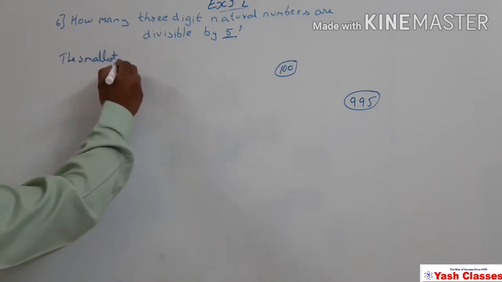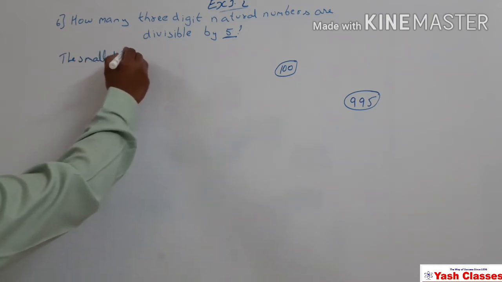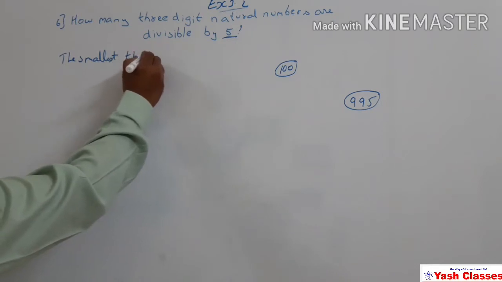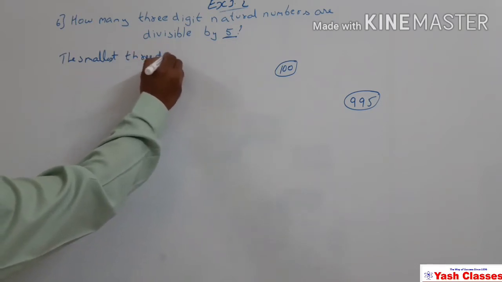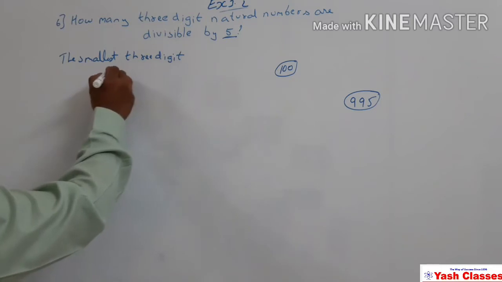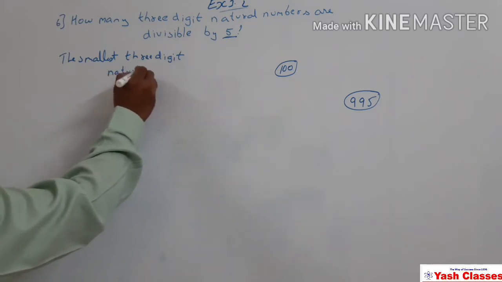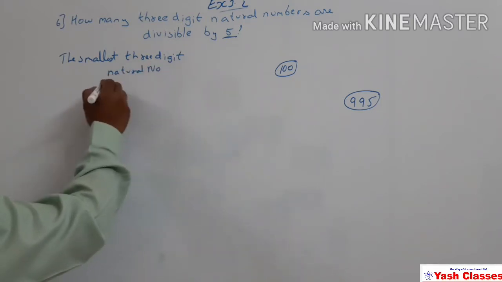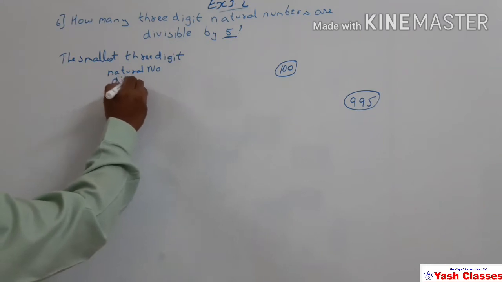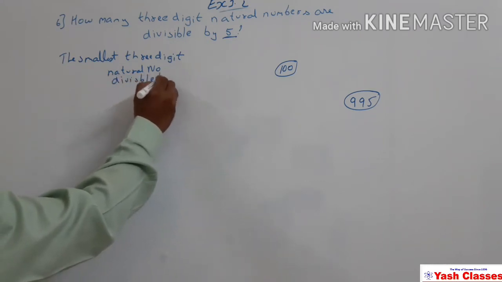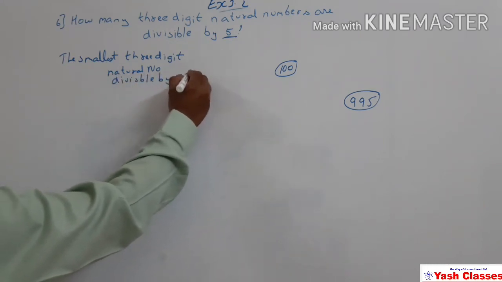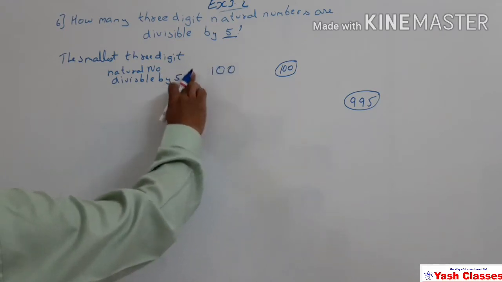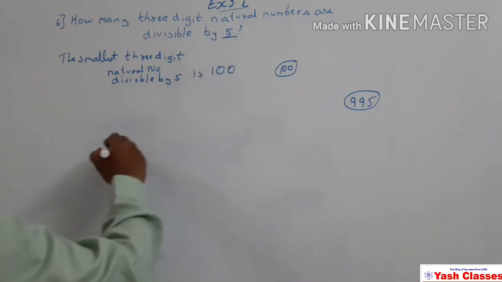Smallest 3-digit natural number divisible by 5 is 100.